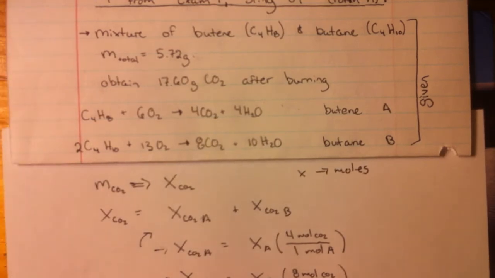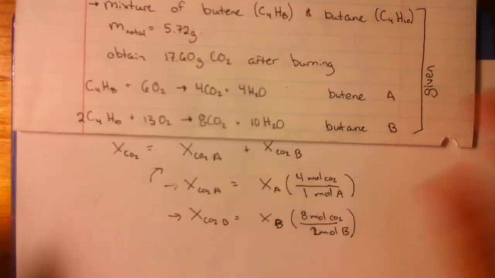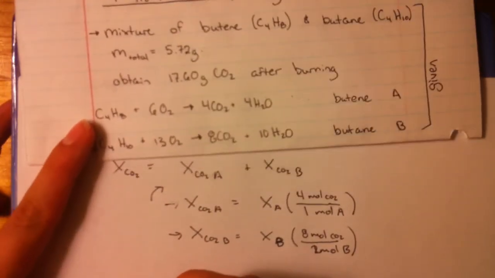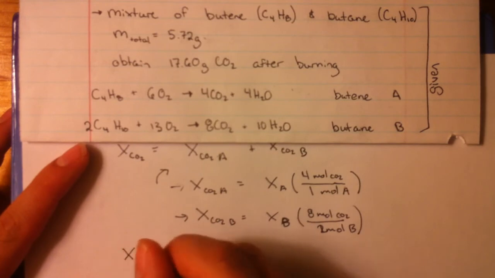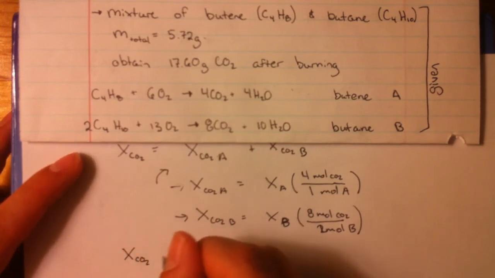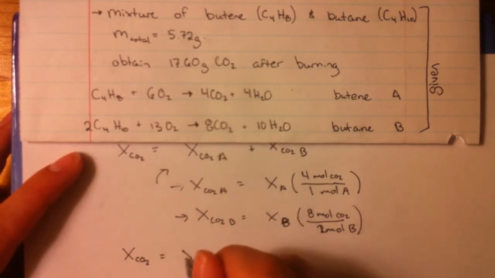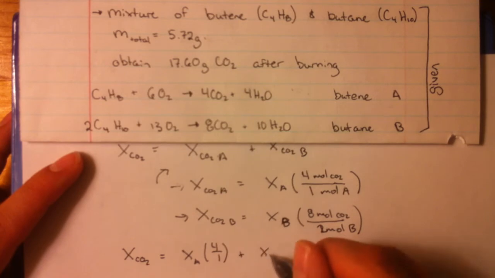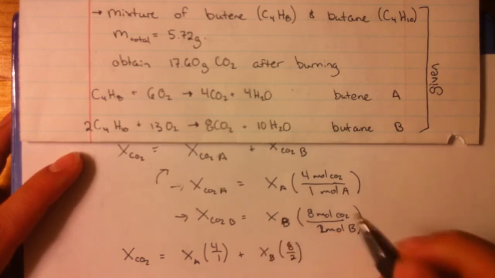So we have, let me pull this up here, X moles CO2 equals moles of A times the conversion, which is 4 over 1, plus moles of B times the conversion, which is 8 over 2.